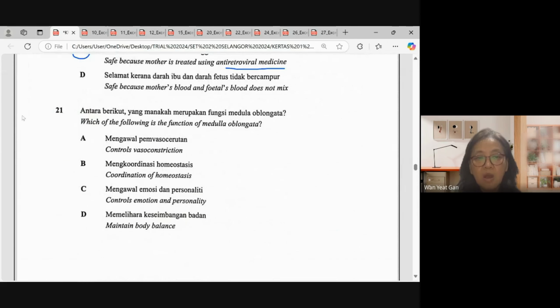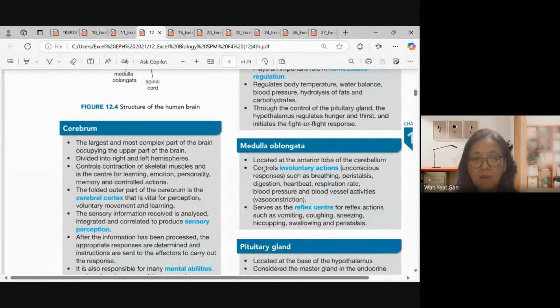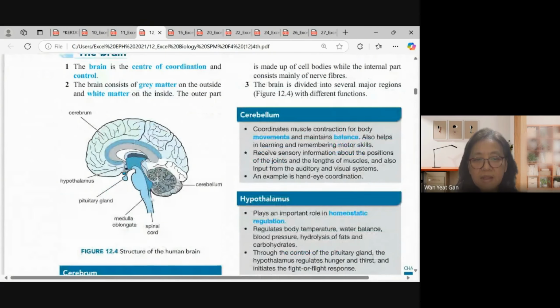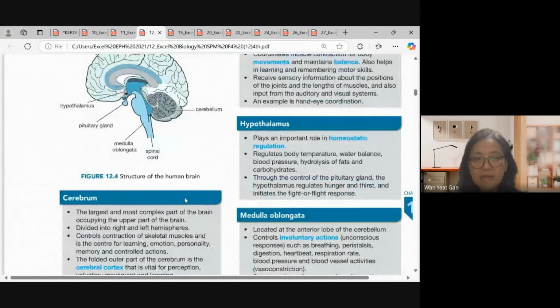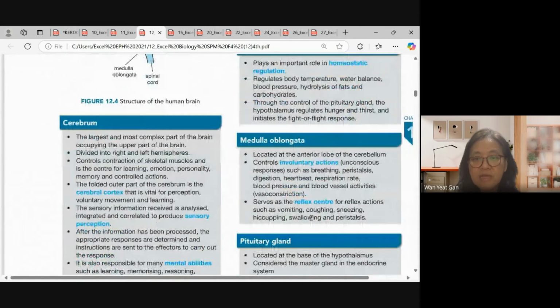21. Which of the following is the function of medulla oblongata? Let's look at medulla oblongata. This is where medulla oblongata is located. It's located at the anterior lobe of the cerebellum.